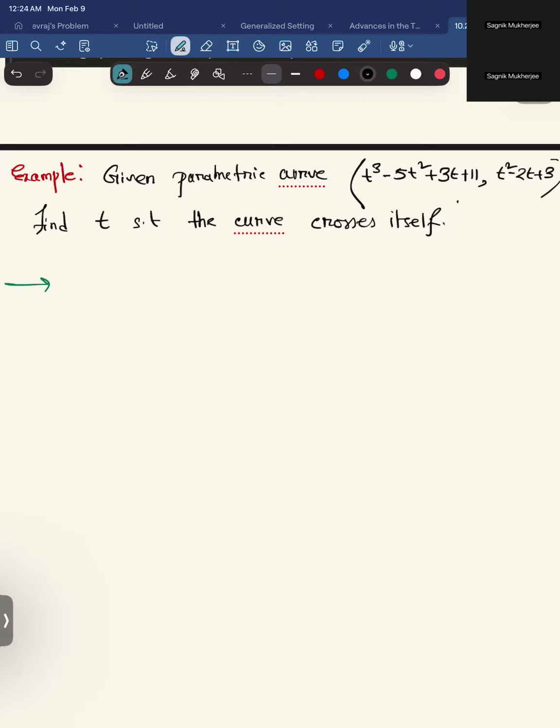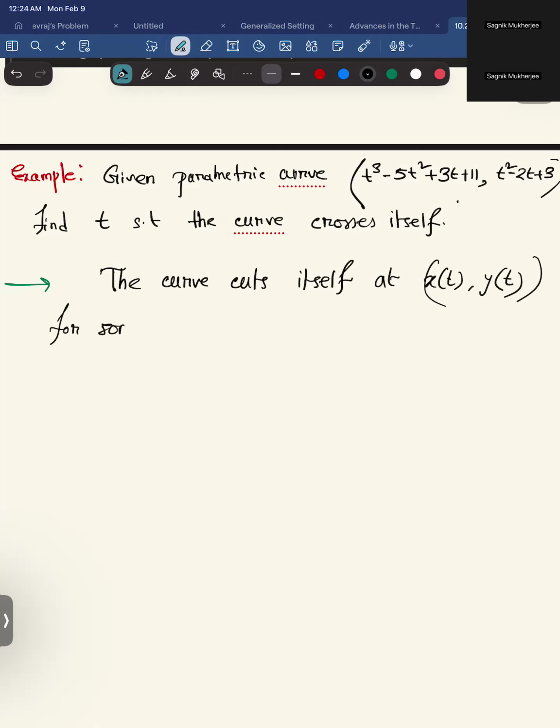See, the curve cuts itself at x of t comma y of t, say for some value of t, right?